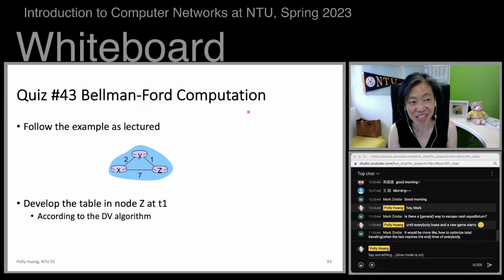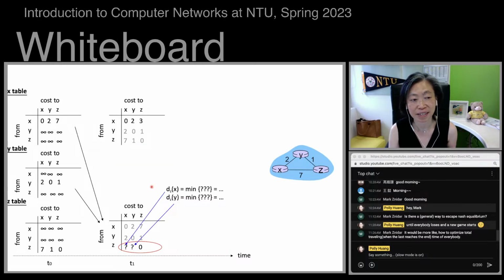And you know what? Quiz 43 is asking you exactly to calculate the distance vector table at node z at t1, which is this. Polly just showed in the video how you derive the new dx. You see that it's changed, particularly the entry to destination z.